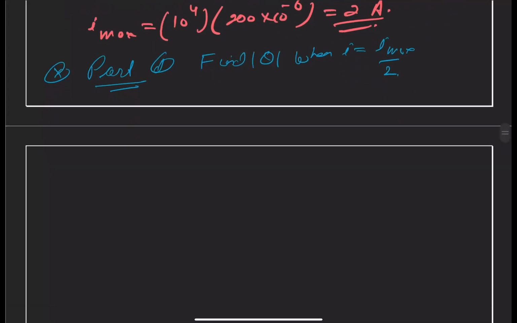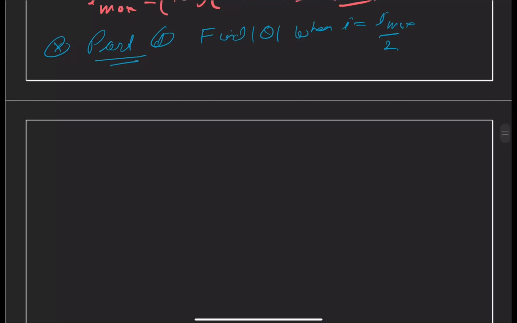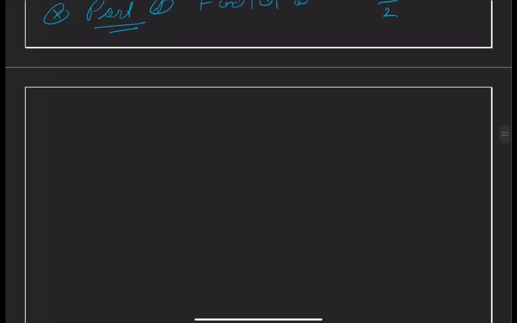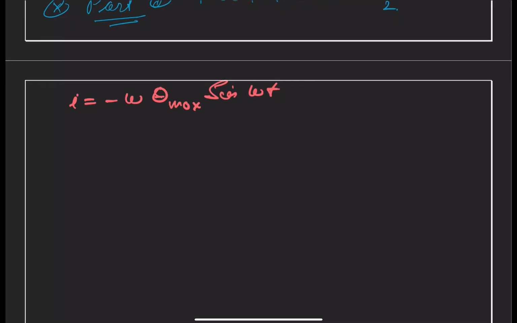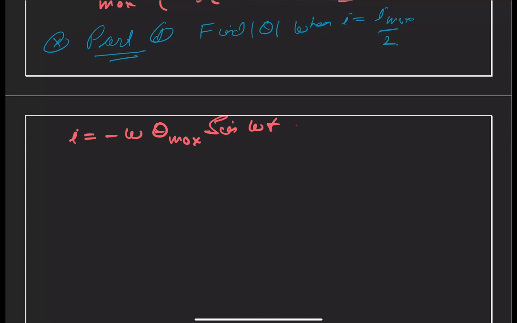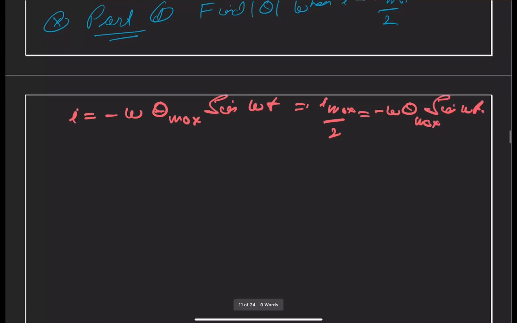And we already know the equation for the current. We are given that I is equal to minus omega Q max sine omega t, and I is half of the I max, so we can write this as I max divided by 2 is equal to minus omega Q max sine of omega t. We substitute the respective values.